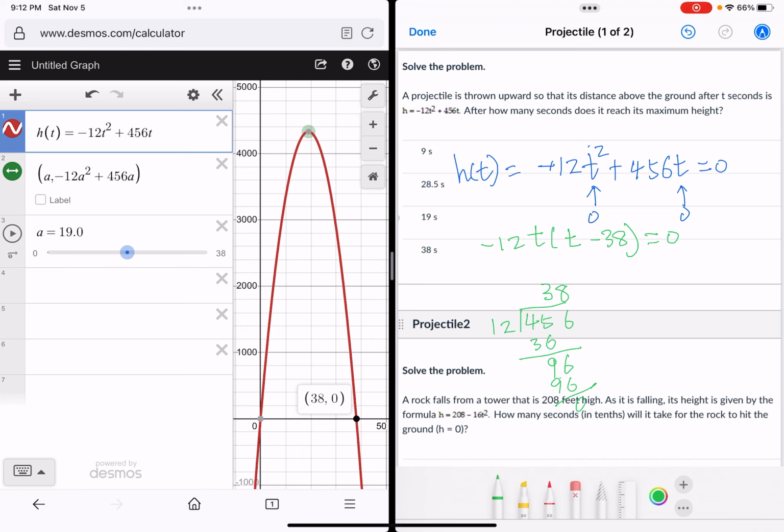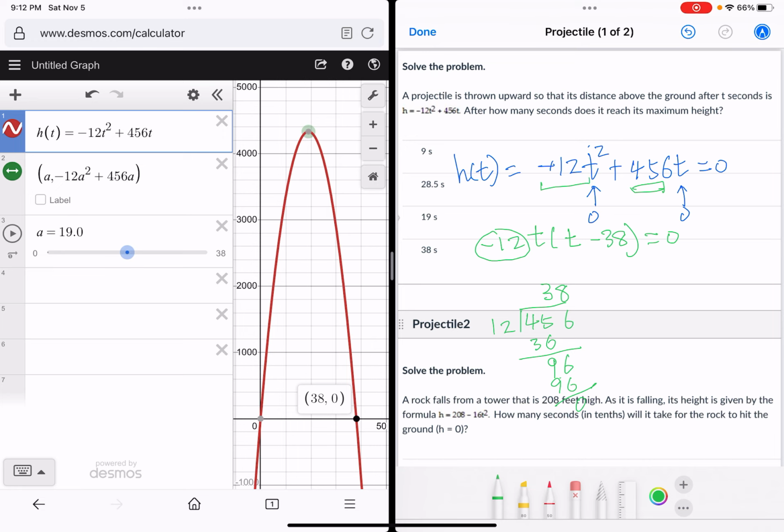Okay? So here, when you pull negative 12t out, negative 12 times negative 38, you will have this number. And then negative 12t times t goes back to this one.